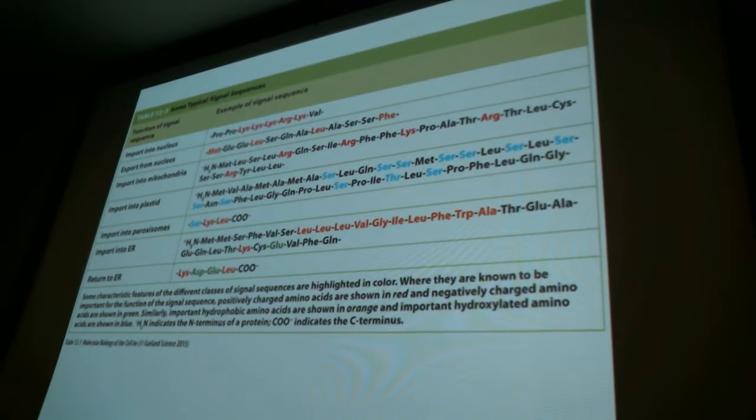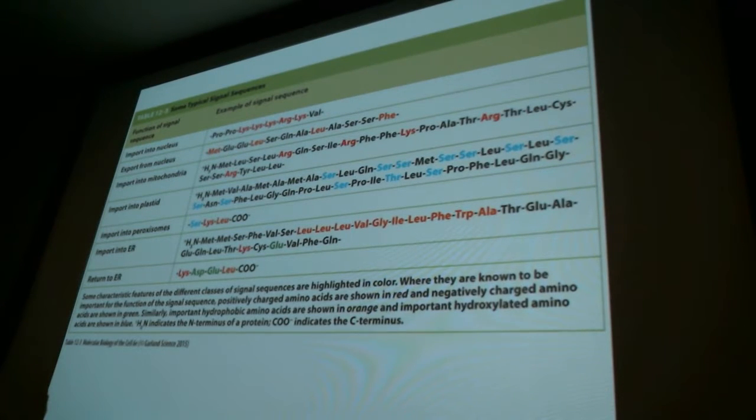Like I showed you before, when we do these hydropathy plots, usually this is one of the first things that you could do looking at sequences. If you see a sequence of hydrophobic amino acids like this, you know that this is probably a transmembrane protein that started outside in the membrane of the ER and maybe ends up in the plasma membrane or in lysosomes.